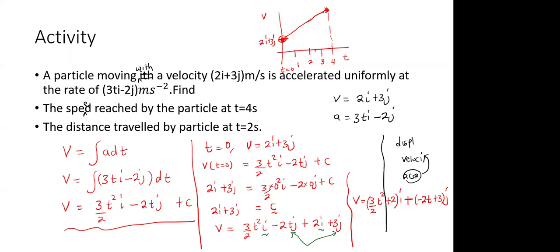It can be initially, but when they started timing, take an example, like on this graph, they may tell you the velocity when t was 1. For that one, you can't start from there. Now we substitute.